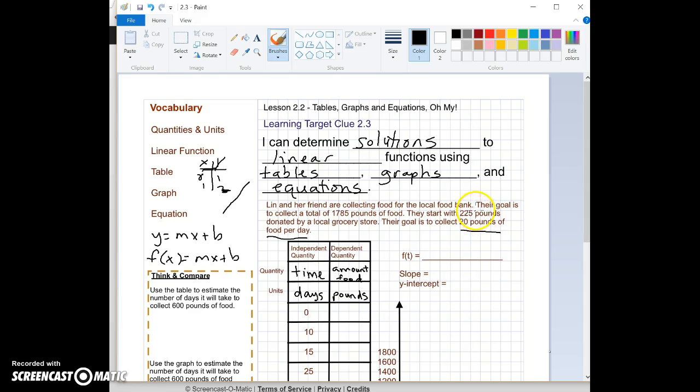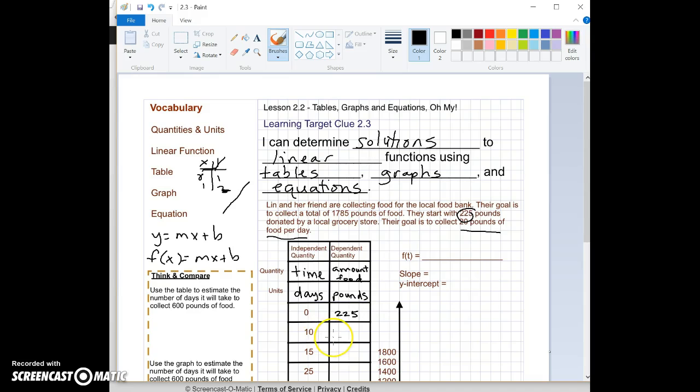It's right here, isn't it? 225 pounds. So I'm going to write on day 0, I have 225 pounds. And then on the next day, on day 1, I would have 225 pounds plus 20 pounds of food, wouldn't I? So 225 plus the 20 would be 245 pounds.